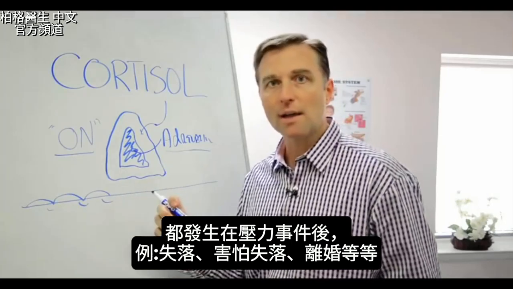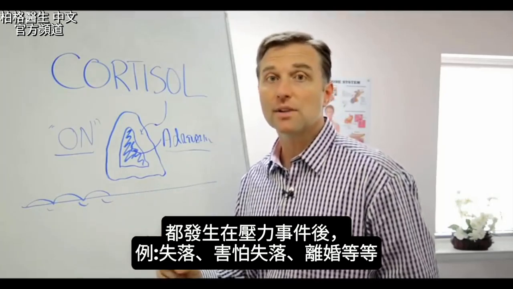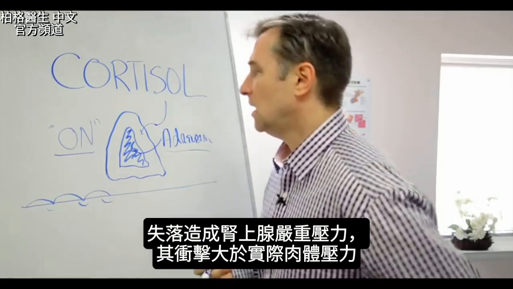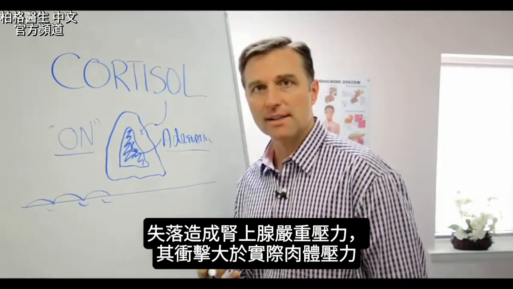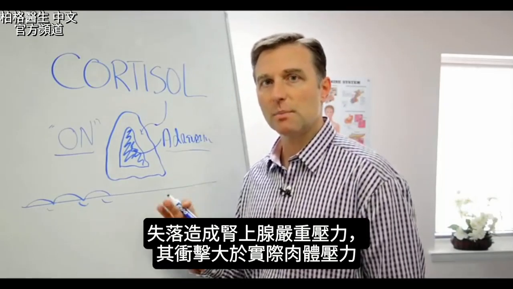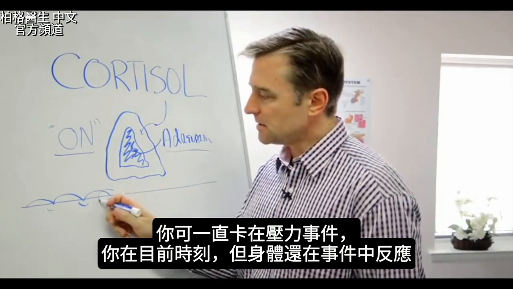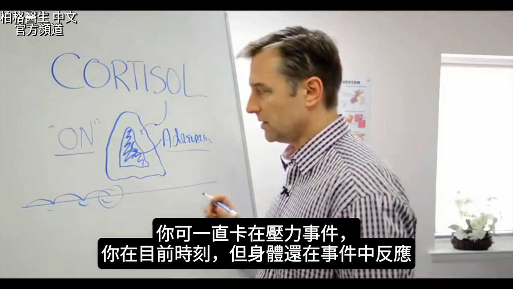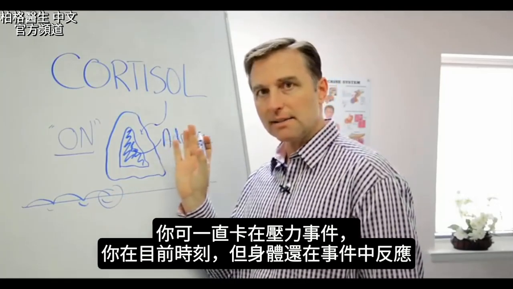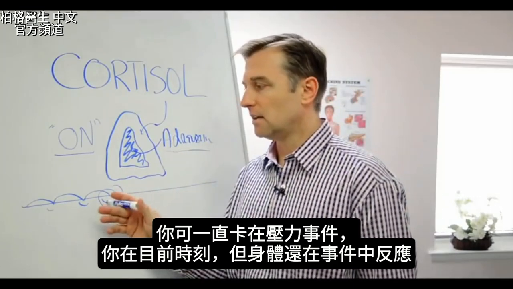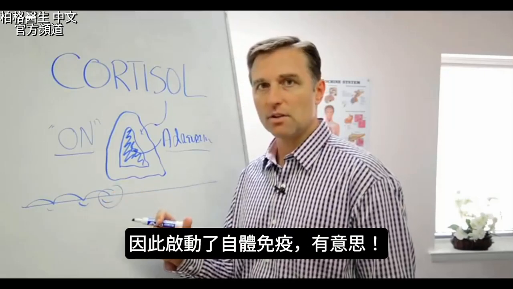Primarily a loss or some threat of loss or divorce or whatever. Why is that? Because a loss is a severe stress to the adrenal. It shocks the body even more than a physical stress. And the person can be stuck in it for years. As far as the physical body gets stuck in it, and then you're over here, but your body's still reacting down there, and then it turns on this autoimmune thing.